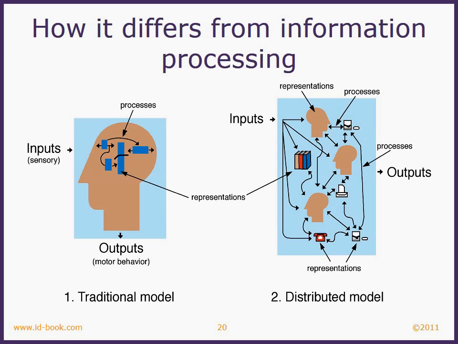So what is the difference between the traditional model and the distributed cognition approach? Basically, the distributed cognition approach studies the nature of cognitive phenomena across individuals, artifacts, and internal and external representations.